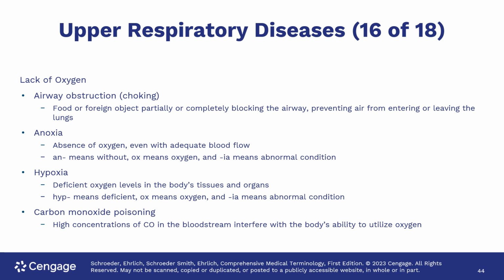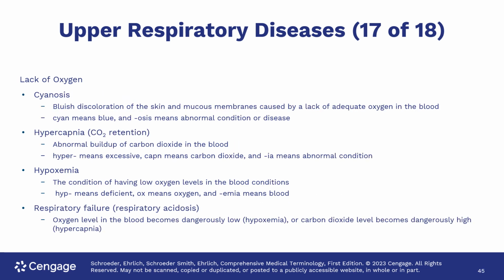And carbon monoxide poisoning can lead to hypoxia or anoxia. Cyanosis is a lack of oxygen. Cyan is blue. That's the printer cartridge that you need to replace, right? Osis is another suffix for abnormal condition. So when you don't have enough oxygen, you turn blue.